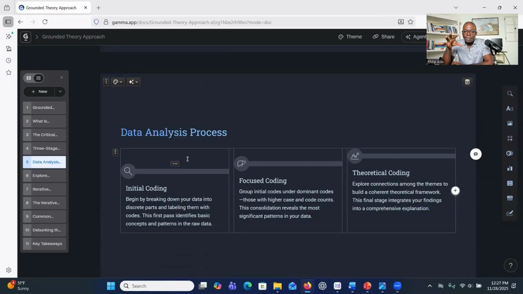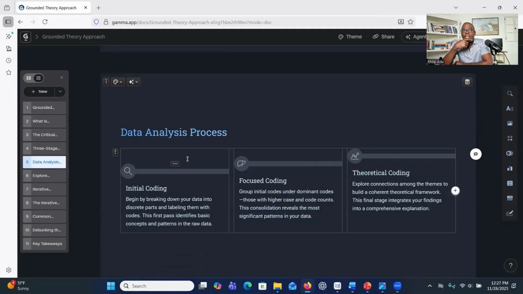So these are the three main stages in terms of using the grounded theory approach. First, initial coding. Initial coding is the beginning way of making sense of your data. So imagine that you have collected your data, you have reviewed it, you have familiarized yourself with the data. The next step is to conduct initial coding.